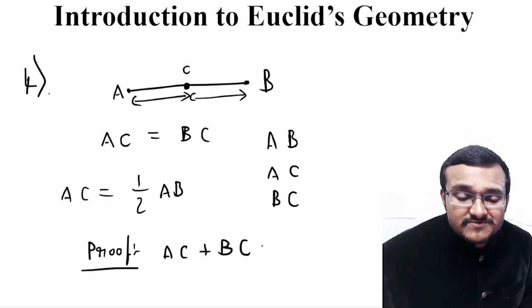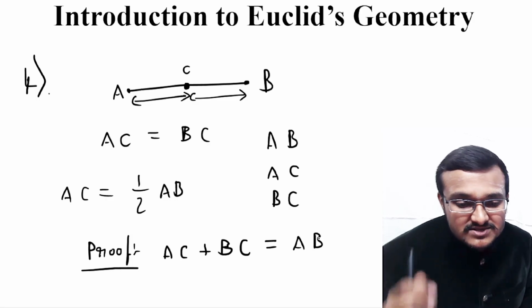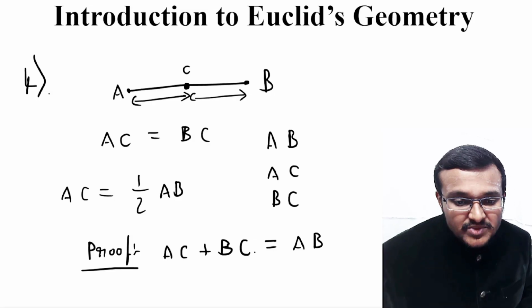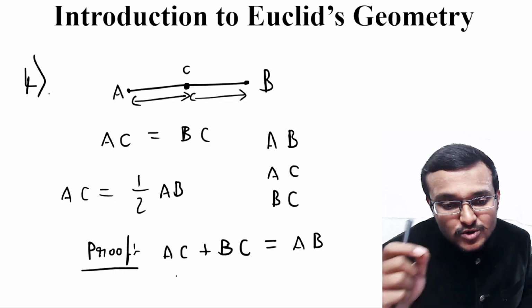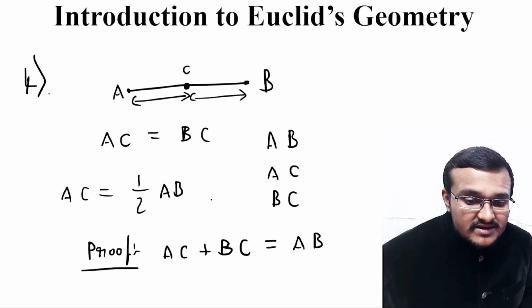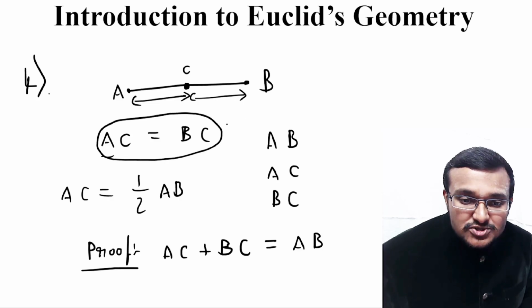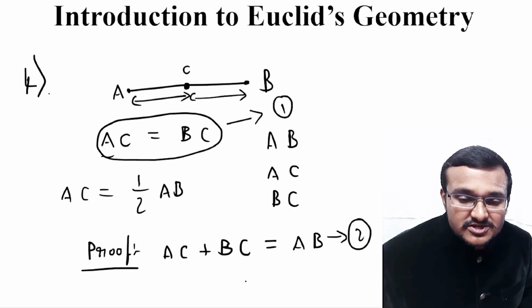AC plus BC is equal to AB because C is in between A and B. That's why AC plus BC is equal to AB. Also, AC is equal to BC. You can take this as equation 1 and this as equation 2.